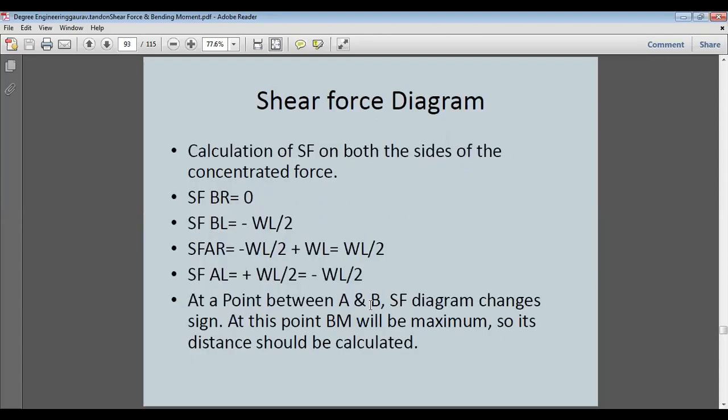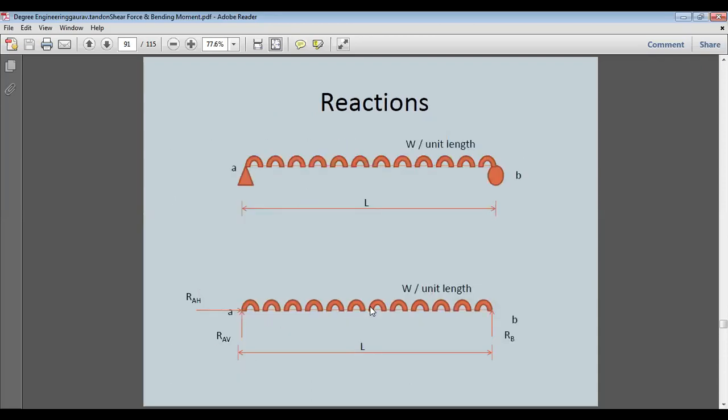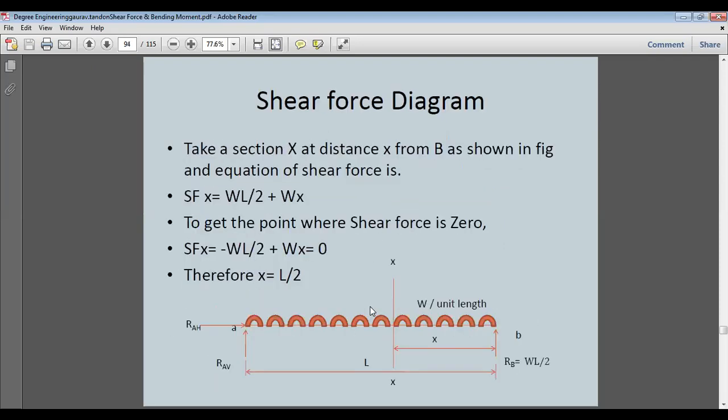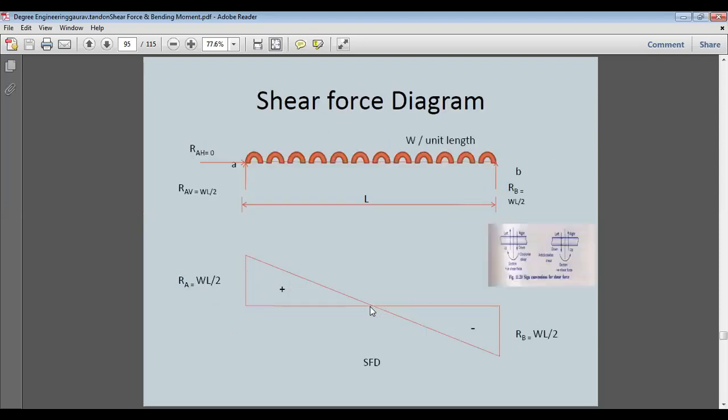We have already explained how to find the shear force and bending moment at different sections. First of all, we'll discuss shear force. What shear force is acting from A to B at every point? Just a quick look, we have already discussed.